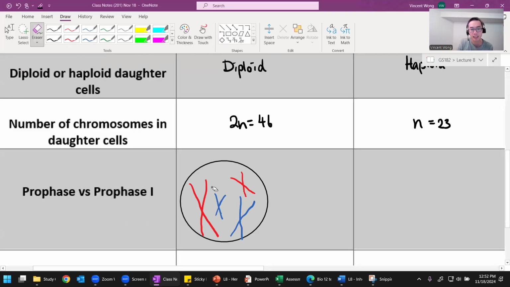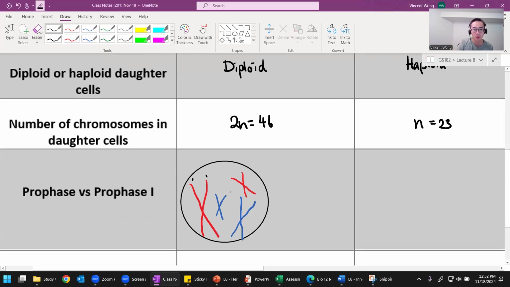So in prophase of mitosis, by the way, what do we call these chromosomes? I just want to make sure you guys are with me. This big one here, 1, 1, 1, 1. What's the name we give for the ones here and the ones here, the blue and the red? Does anybody remember? Oh yeah, maybe my question is not specific. So the red and the red, that's sister chromatids. But the red and the blue, they're homologous, right?